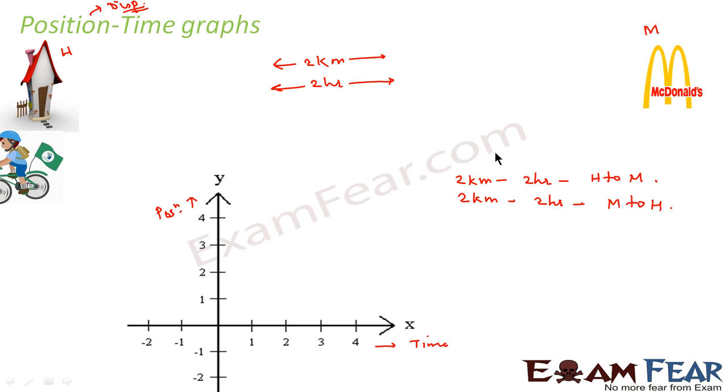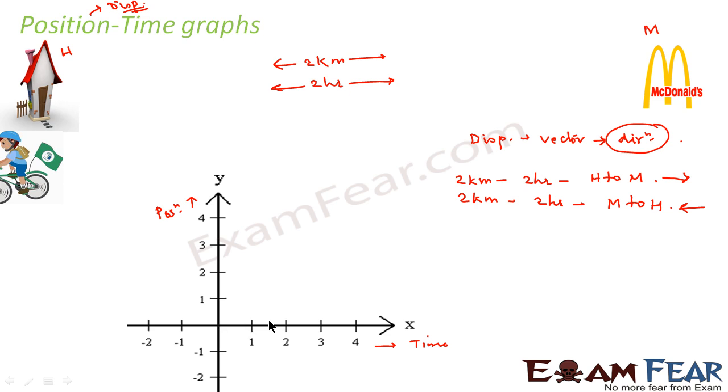But now we are talking of position or displacement, and we know that displacement is a vector quantity. Vector quantity means it has direction also. In this case, when he traveled from home to McDonald's, the direction was this. When he traveled from McDonald's to home, the direction was opposite.